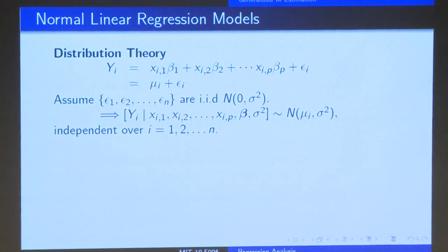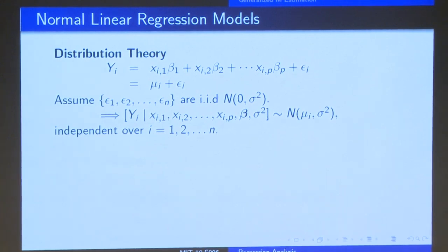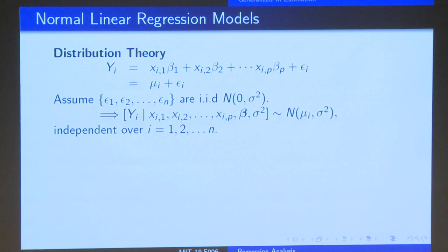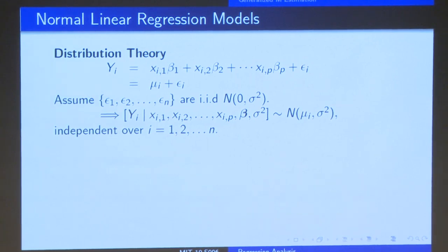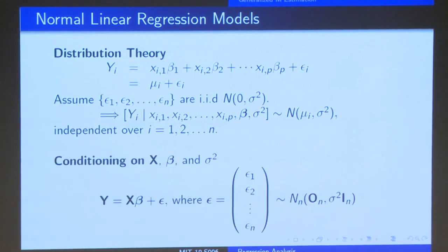Conditioning on the values of the independent variables, the response variables are going to be independent over the index i. They're not going to be identically distributed because they have different means, mu i, for the dependent variable y i, but they will have a constant variance.